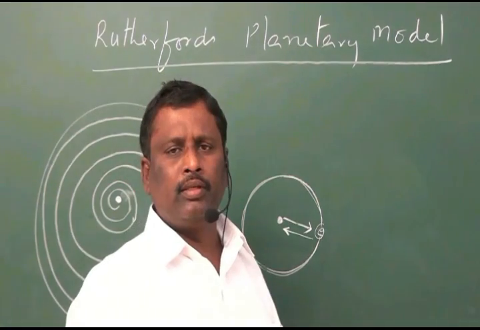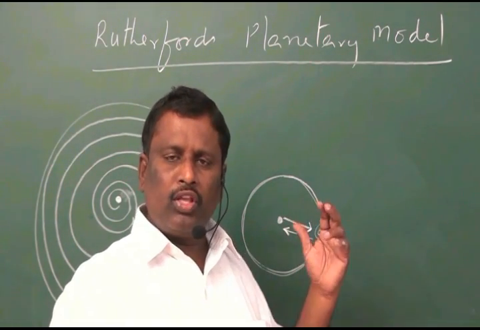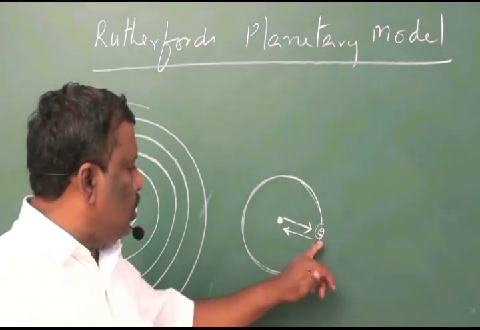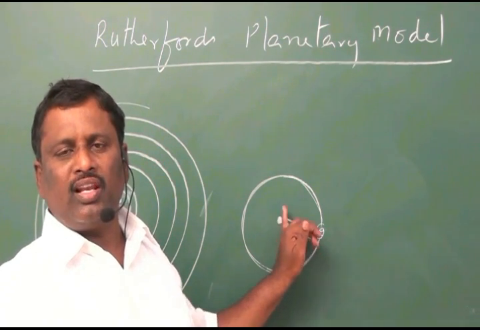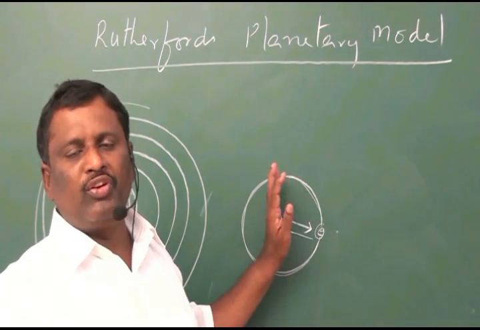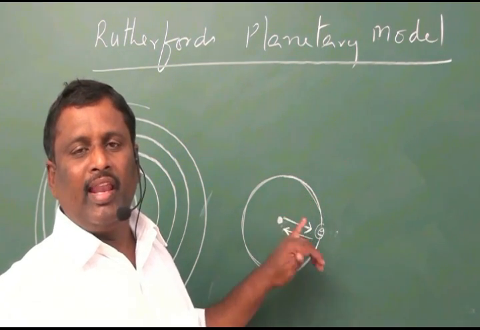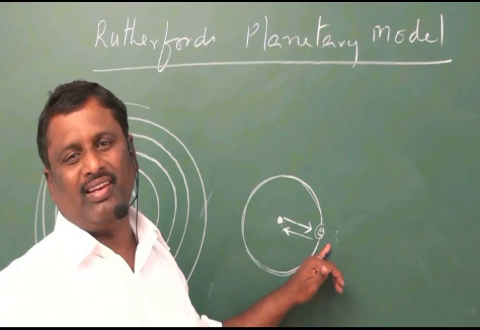That means the proposal of Rutherford is applicable only when there is no charge on these two particles. That is, if the nucleus is neutral and the electron is neutral, Rutherford's proposal will be acceptable. But here, a negatively charged particle is revolving around an oppositely charged particle.